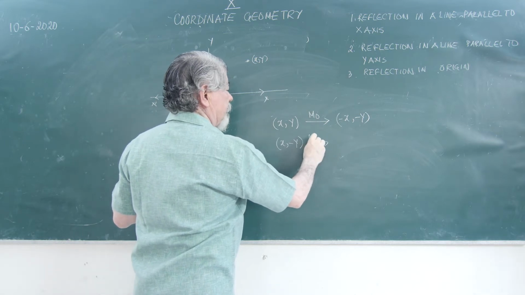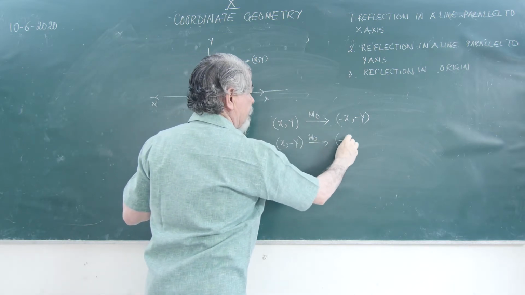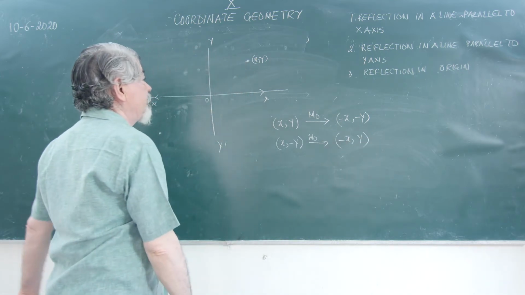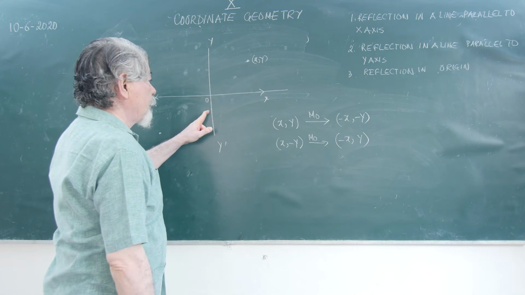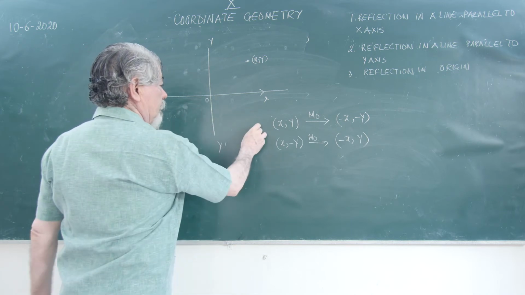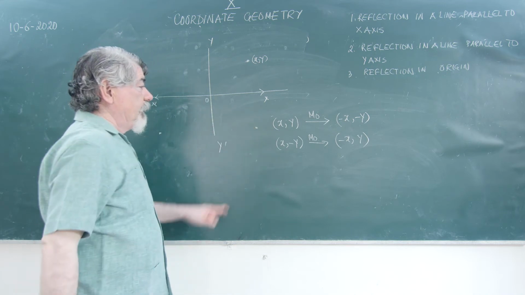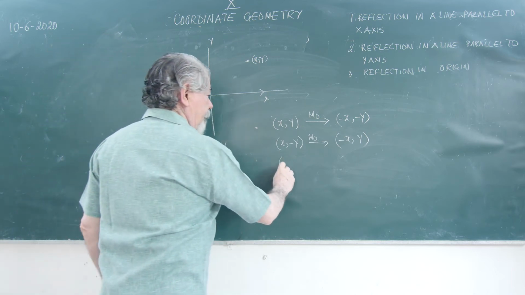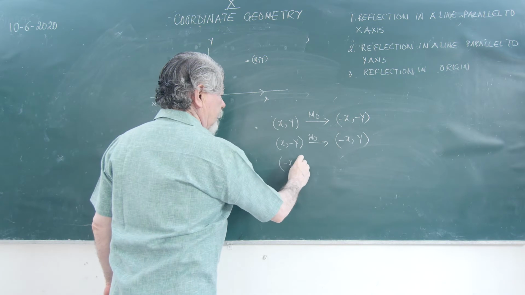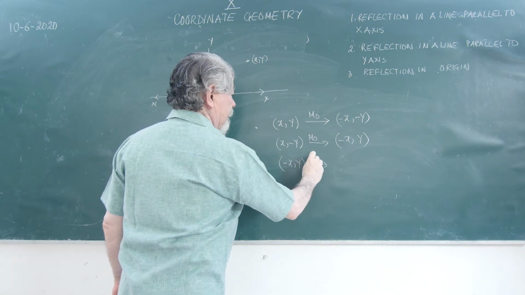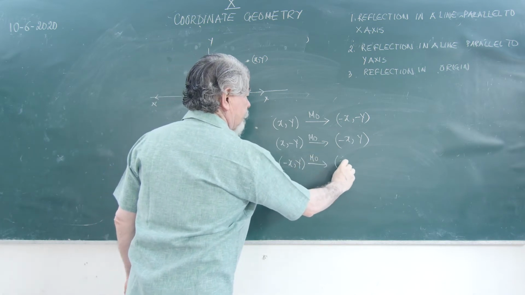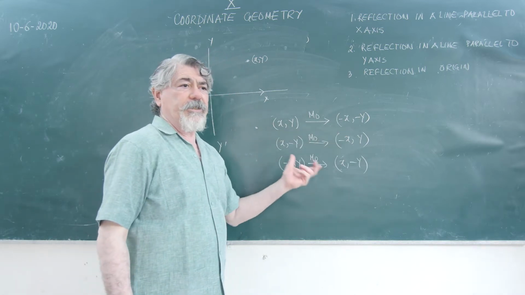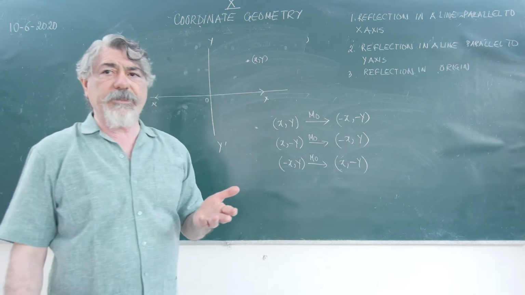If I reflect this point in origin, it will become minus x y, in the second quadrant. If it is minus x y, then it will be reflected as x minus y. The signs of both the coordinates are changing.